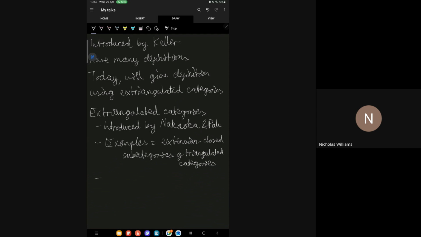Another way of thinking about these, which is maybe my perspective in this talk, is that they can be thought of as the triangulated analog of exact categories.